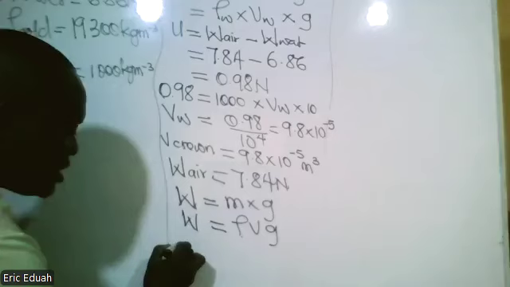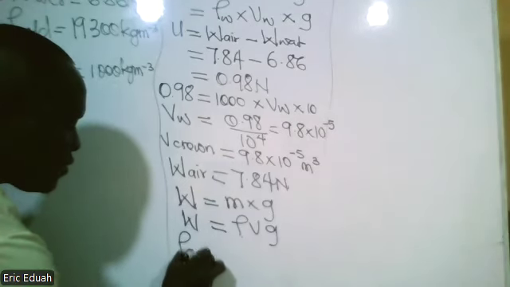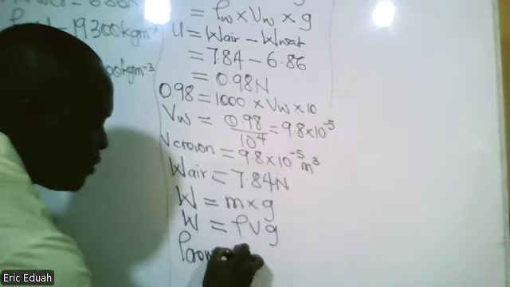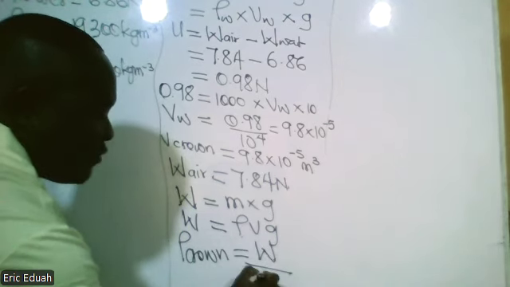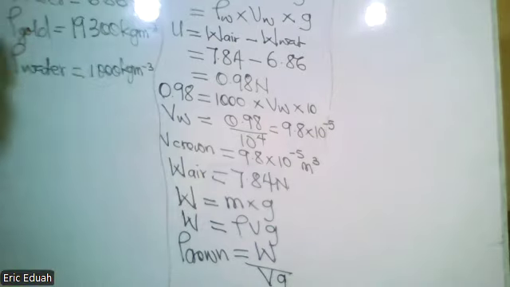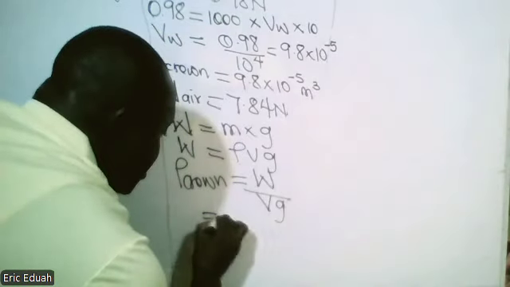Therefore, the density of the crown from this relation will be equal to W over VG. Okay. Then we substitute our value.